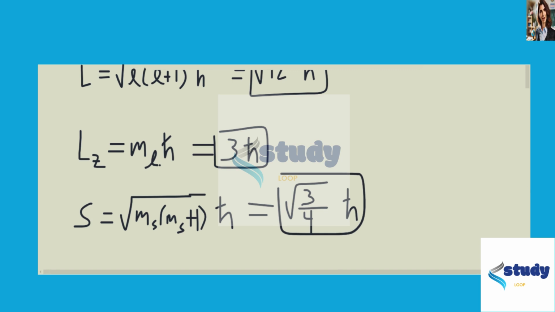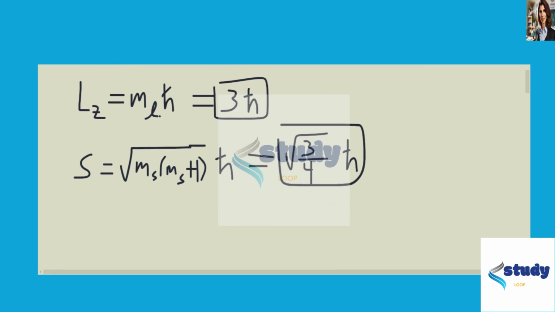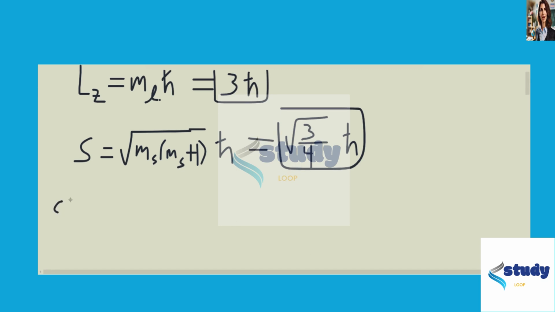Part C has us using the D state of the N shell and wanting all of the values once again. Okay, so for the D state, part C, L is equal to 2.